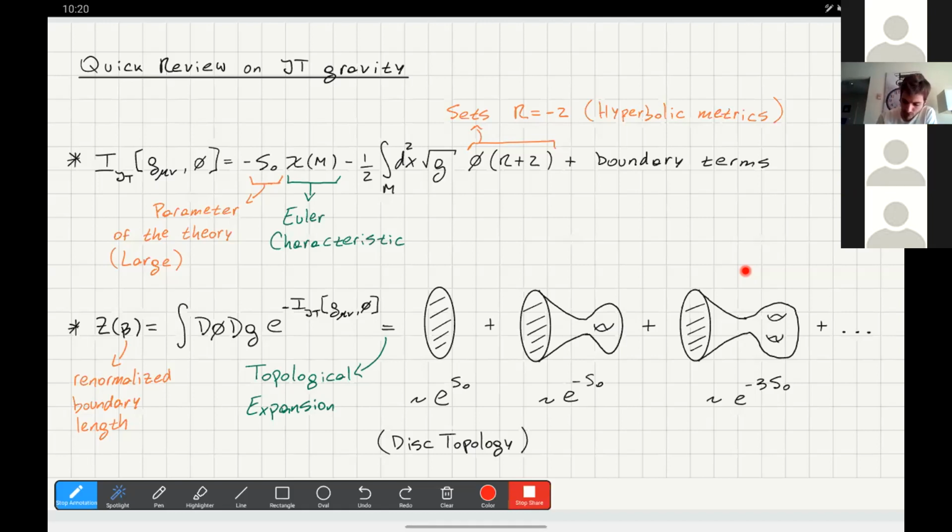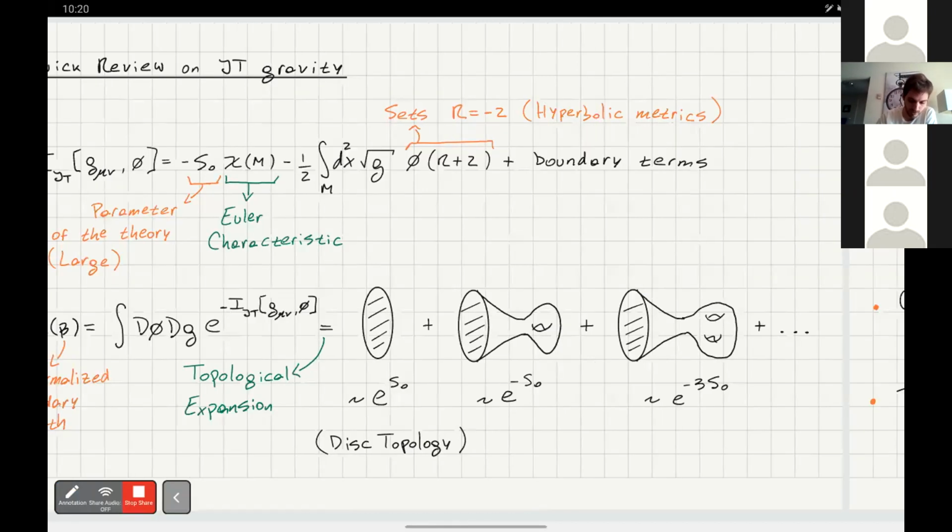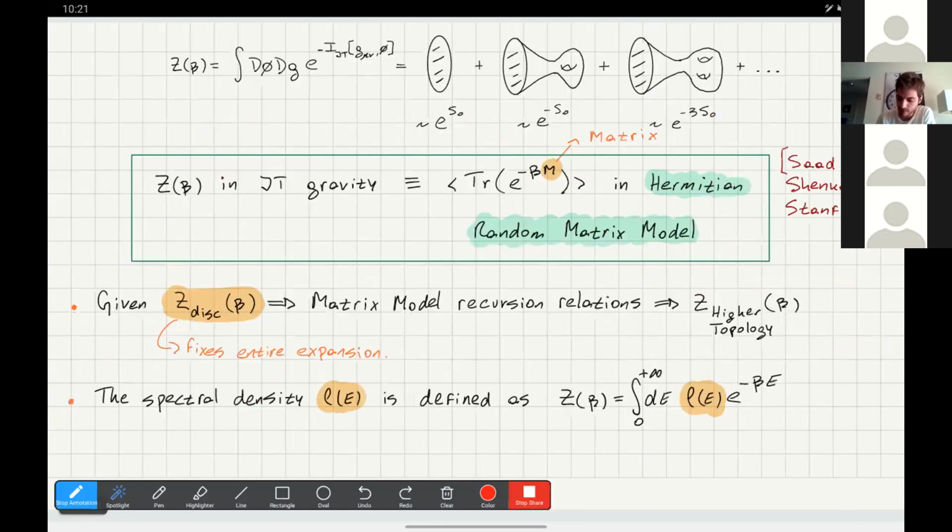Good. So, well, as I was saying, this theory was actually solved. It was solved in this extremely nice paper from last year by Saad, Shenker and Stanford. And what they were able to show is that the computation, this topological expansion of the partition function in Jackiw-Teitelboim gravity, is actually the same.